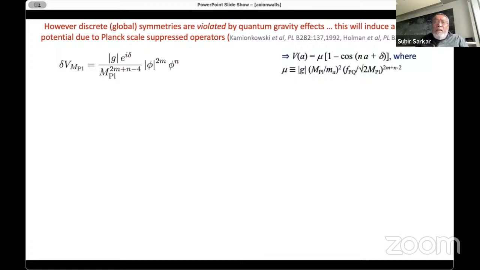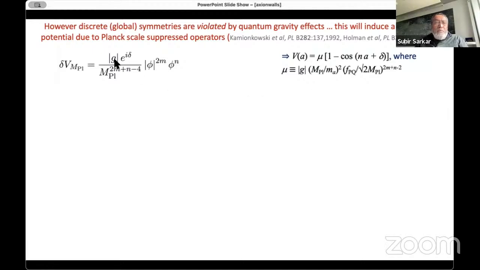And this would mean that you would introduce a tilt in the potential so that flat potential would get a slight preference for one vacuum over others. And that tilt would be related to the order of this operator as given by this expression here.